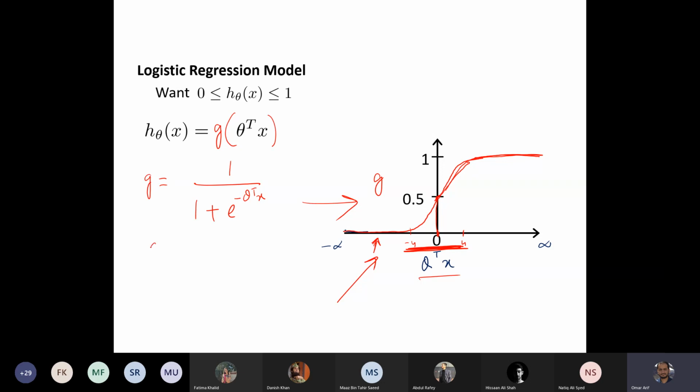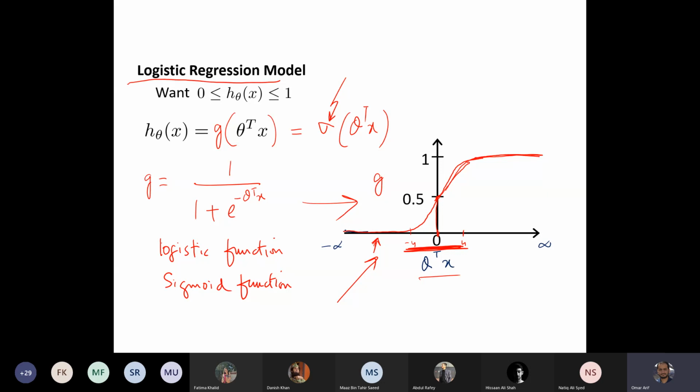This function is called sigmoid, or the logistic function, and that is why the name of the topic is also logistic regression, because we are using the logistic function. Usually you will also see this sigma symbol instead of g; the sigma symbol is what is actually used.